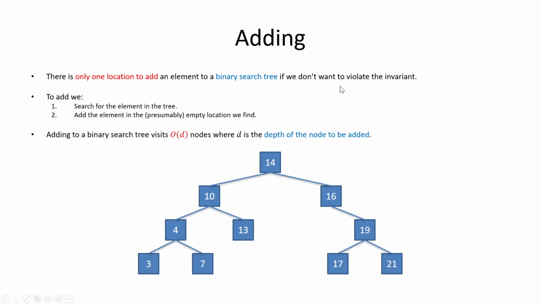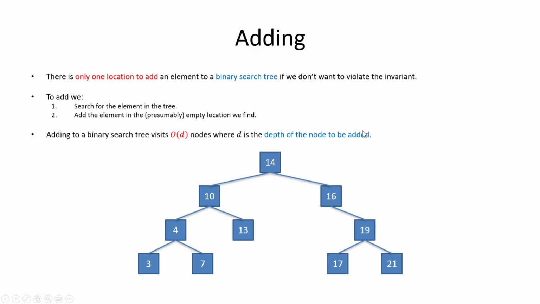Okay, so if we're going to do that add, we start out by doing a search for the element in the tree, and then we're presumably going to find an empty location, and when we do, we just add the element there. It's pretty straightforward to see that the dominant part of this add is the search, finding the position to put it, and wherever we add it, the depth of that node is going to dominate this operation.